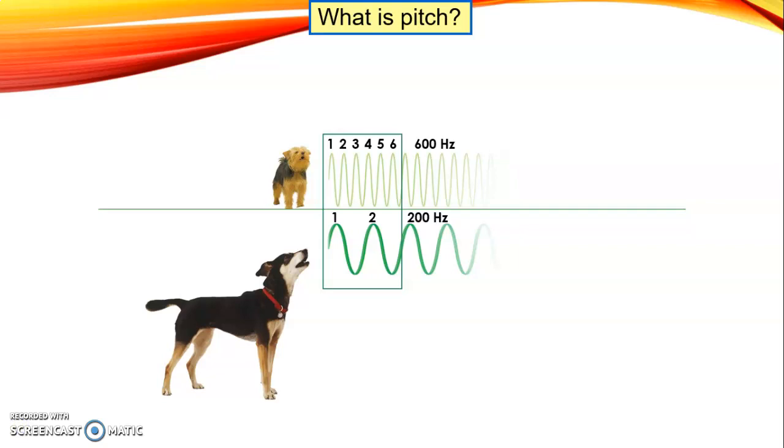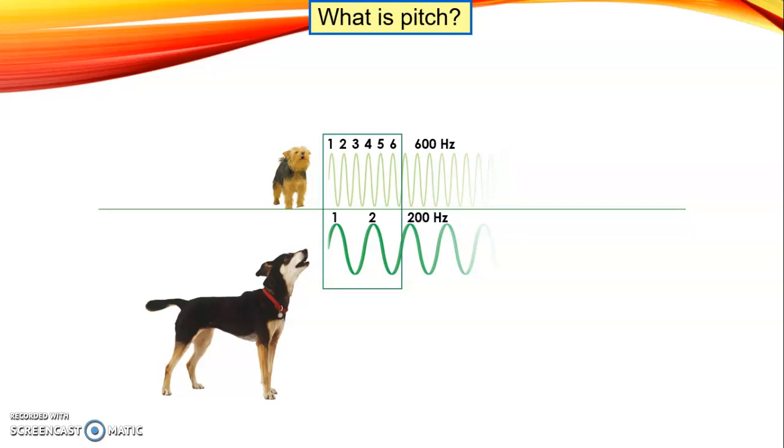Who has the high frequency? Yes, the little or the small dog. Why? Because you can notice the number here, and also you can notice the pitch. So the pitch is how high or low a sound is.